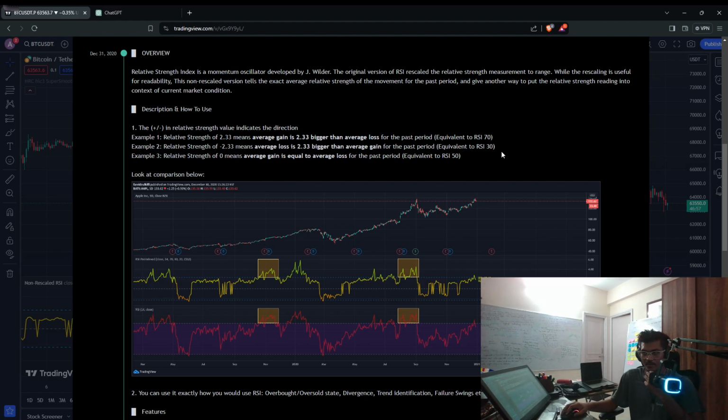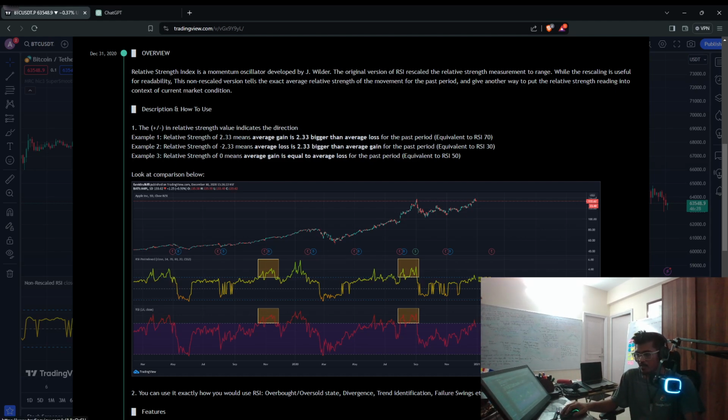In RSI it's 30. What about a relative strength of 0? It means the average gain is equal to the average loss for the past period, equivalent to RSI 50, the equal middle point.